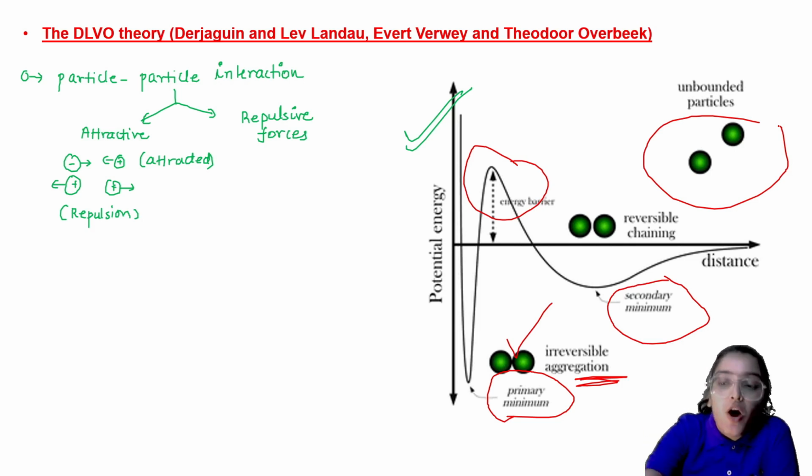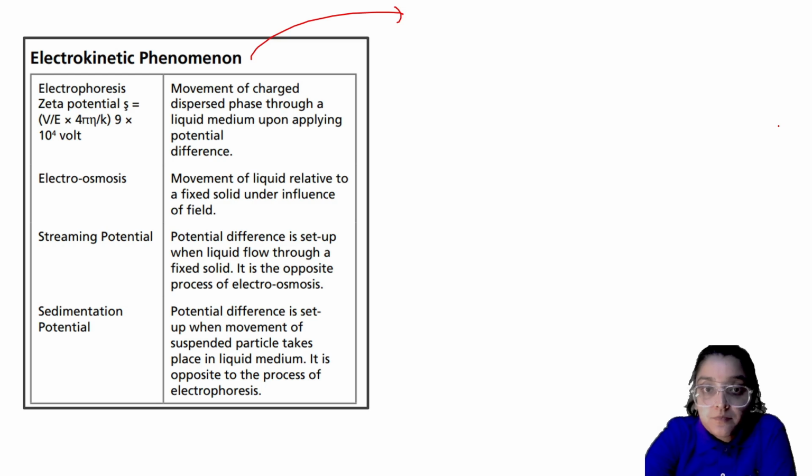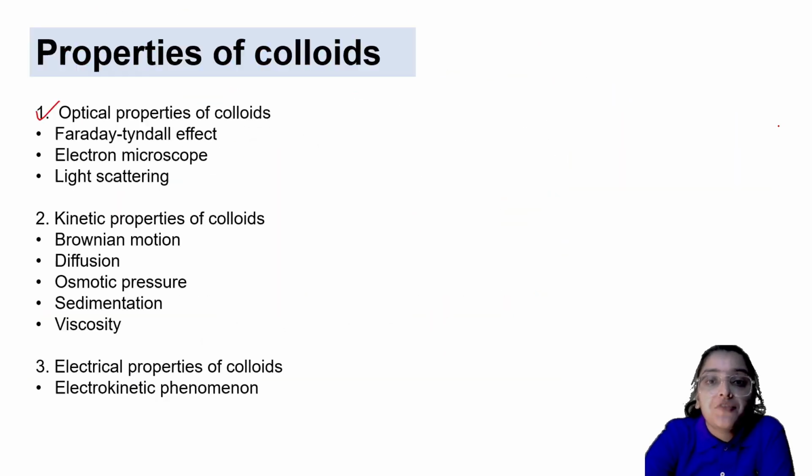So this was all about the basic properties of the colloidal particles and the important DLVO theory also. I think we have covered most of the part of the colloids. In case any small portion is left, any important points, we'll be discussing them in a separate video regarding the important terminologies.